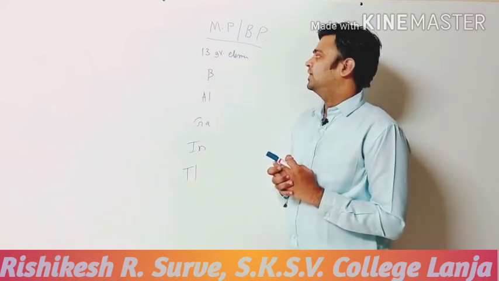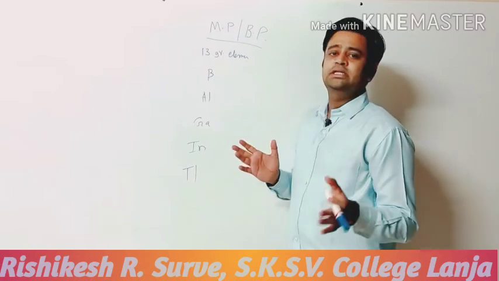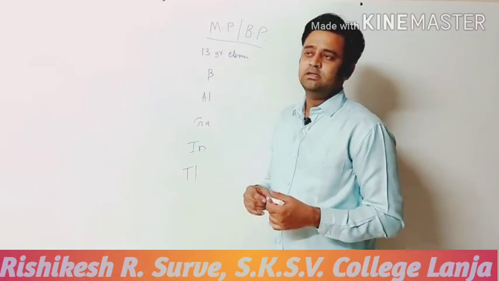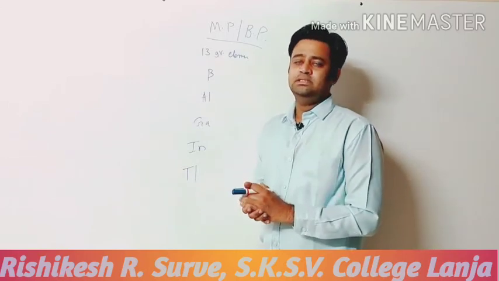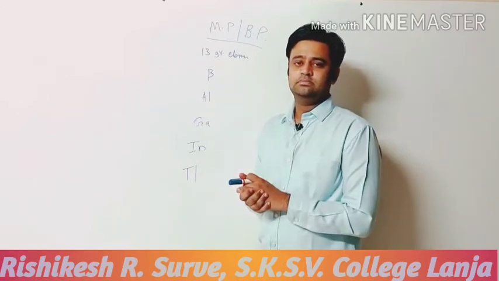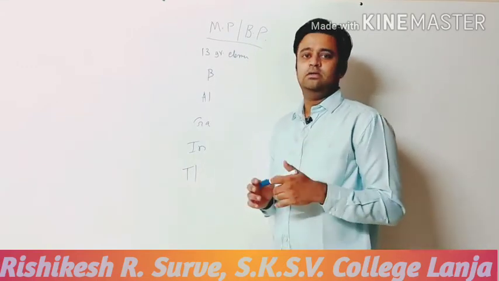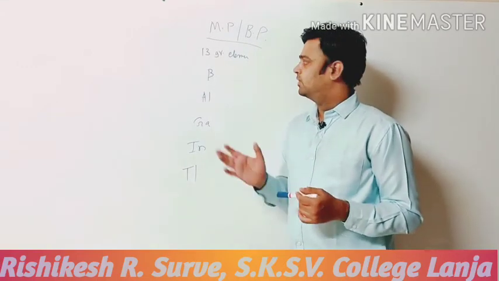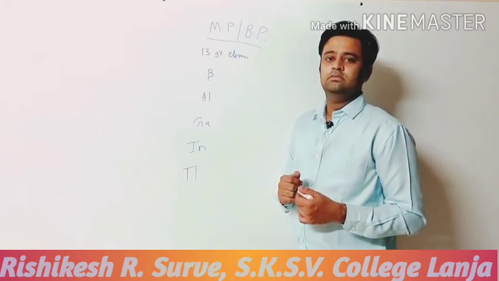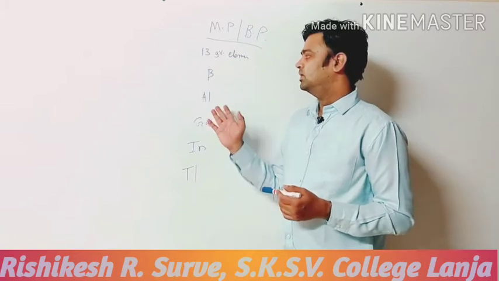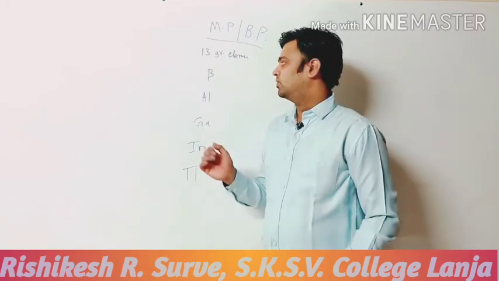Talking about group 13 elements, the change in melting and boiling point does not follow a regular trend. That means it is irregular. There is no particular pattern in the periodic table for group 13 elements. Why? Because it depends on the structure they occupy.